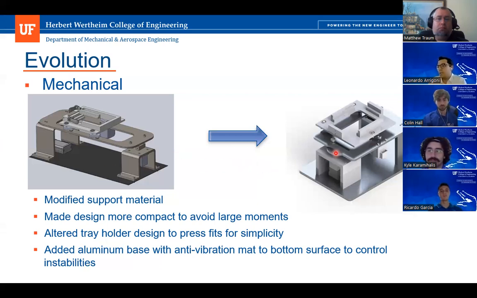The flywheel had a little change in terms of its purpose, but we went from a block to an actual circular flywheel right here. And in our prototyping phase, we had to change a little bit of where this guide pin was placed.